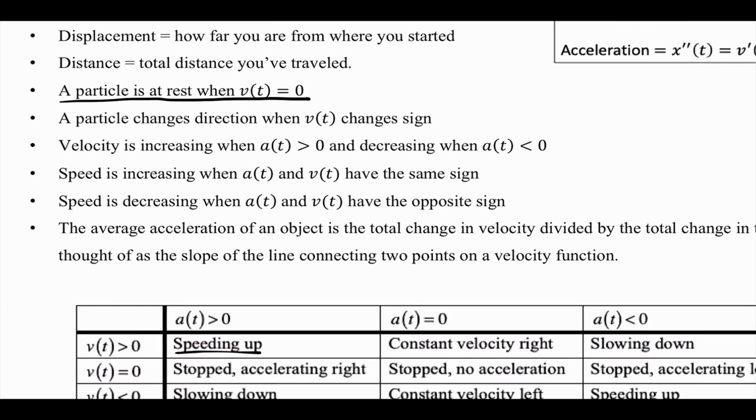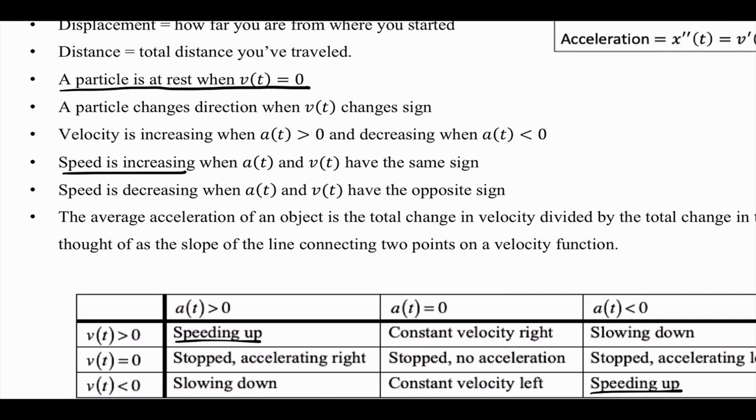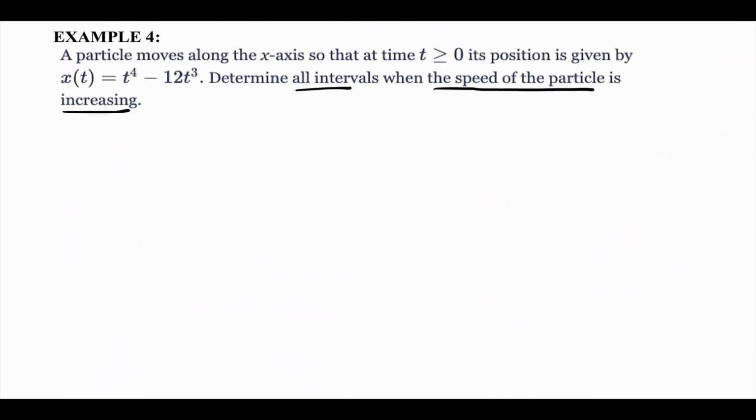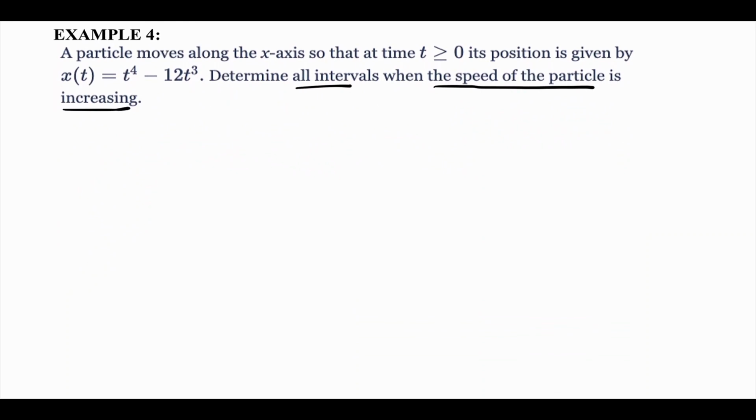Speed is increasing when acceleration and velocity have the same sign. So if acceleration and velocity have the same sign, speed is increasing. So we need acceleration and velocity. I need both.